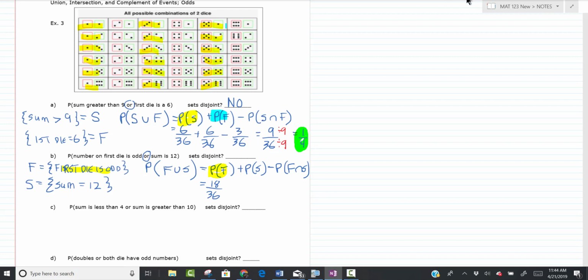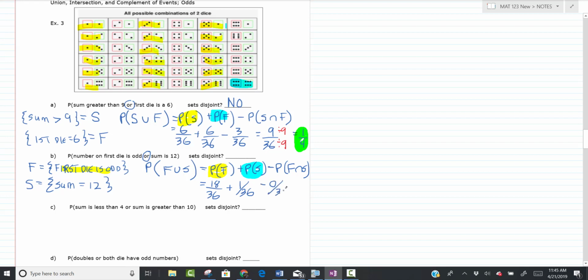The next thing we're going to do is the probability that the sum is 12. The only time that happens is right there. So what's that probability? Yeah, that's 1 out of 36. Now, did these things overlap? Do the colors overlap? They don't, so that means the probability of the first die being odd and the sum being 12 at the same time is 0.